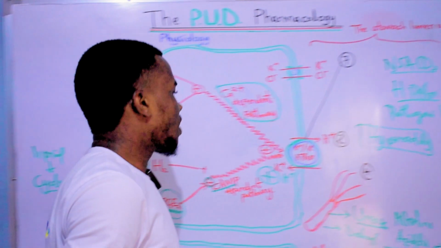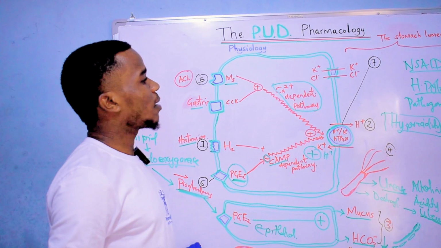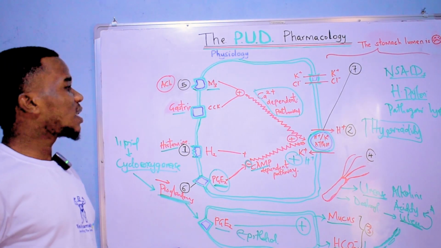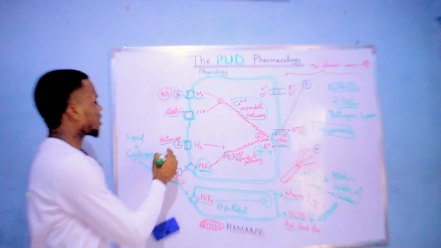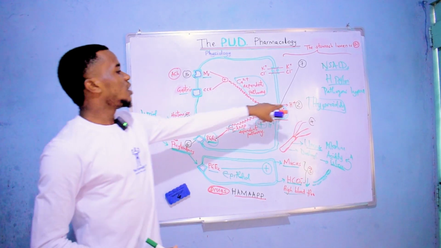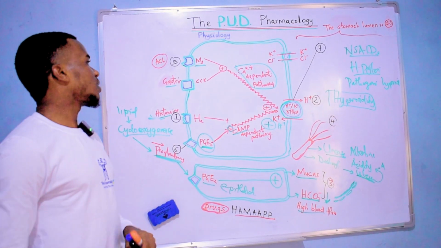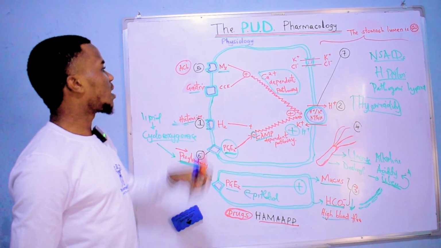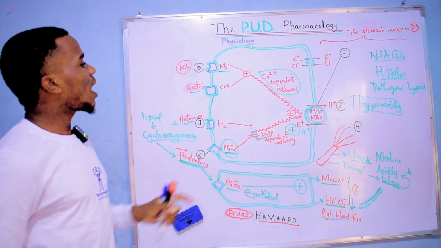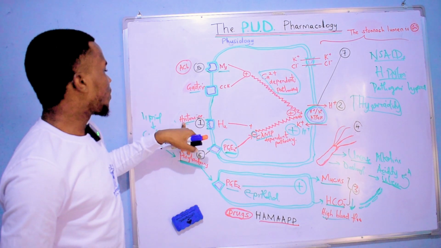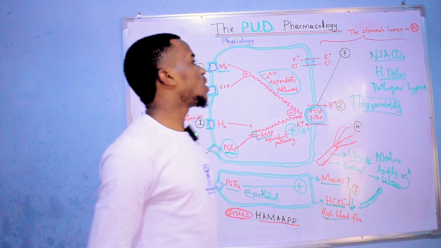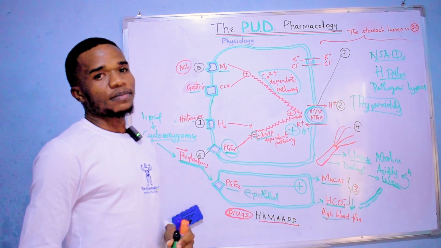So these are conditions that will just increase the production of acid in the stomach, and when there is excess acid, which can be caused by, for example, excess production of histamine, it will ultimately lead to excess production of hydrogen ions, and the same happens for gastrin and also for acetylcholine. So those conditions that are able to increase the production of this pathogenically will also cause us to ultimately go to peptic ulcer disease.